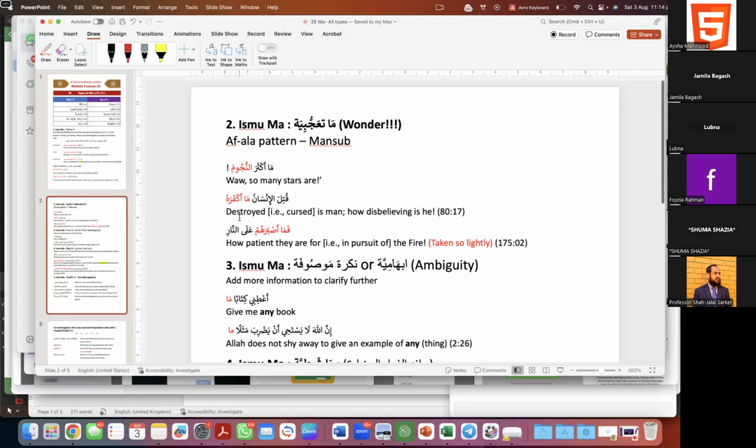They have to face the fire, they will be burned there, but still relaxed. How patient. They're relaxed now, there's no worry. How wonder. Ma absarahum. Okay, so next one, correct? This example, ismu ma ta'ajjub.